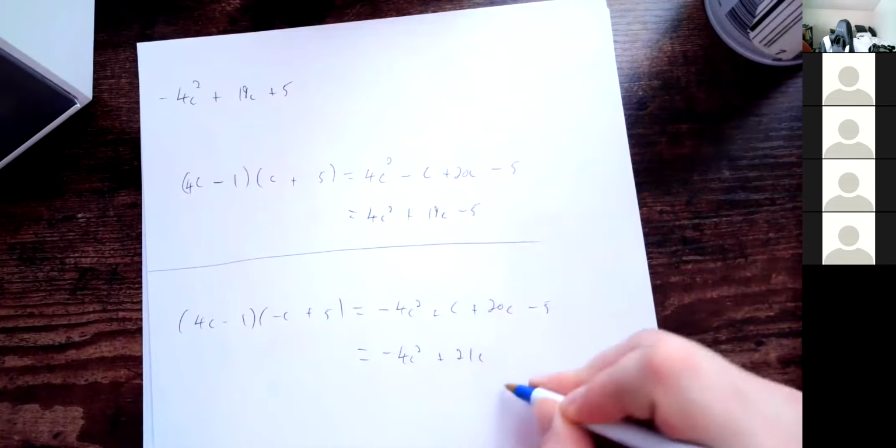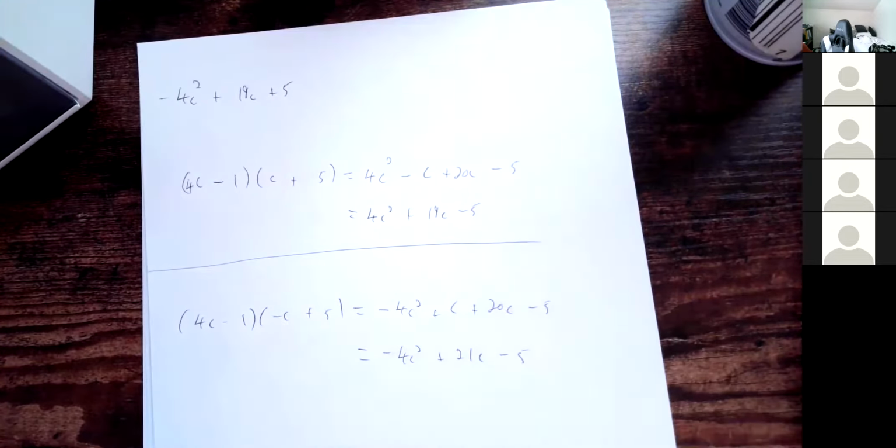And this way I get 21C minus 5. Now these two are fixed because I finally got -4C squared and -5. But now I've got 21C, but I'd like 19C. So we need to make one or two more fixes.